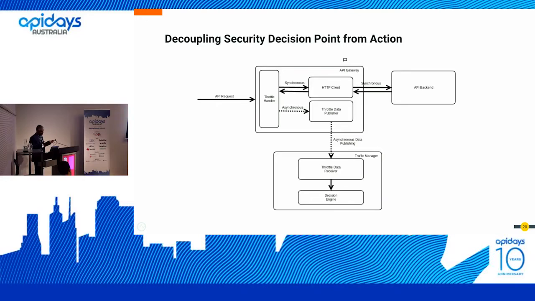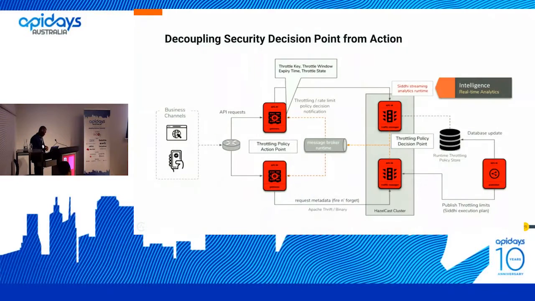So what we have done is make it modular, where each component has a specific role. The data plane is where the decision is actioned, but the policies are defined in a separate module. So you have the extensibility of bringing business capabilities or business policies into the API security.